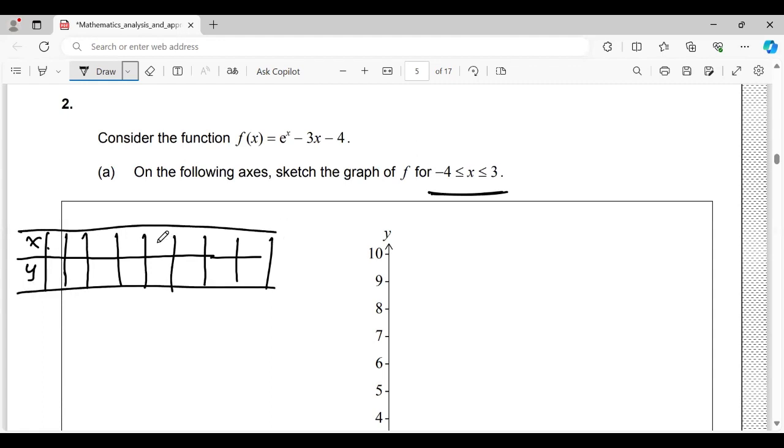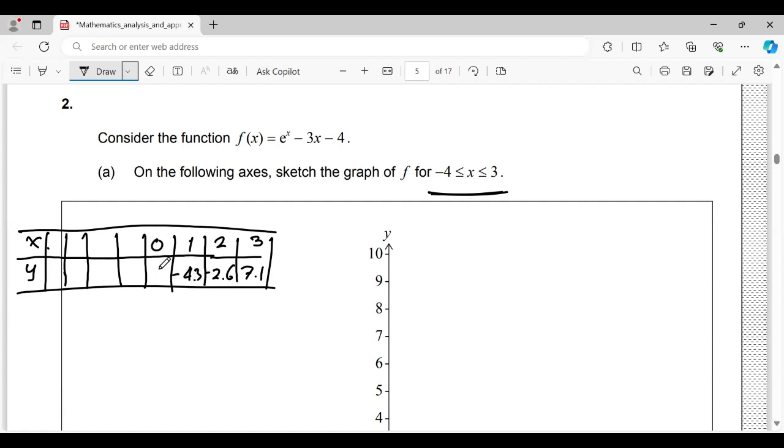If x equals 3, on the calculator you can find f(x) equals 7.1. If x equals 2, you substitute 2 into this equation, e squared minus 6 minus 4, you're going to find minus 2.6. If 1, it is minus 4.3.